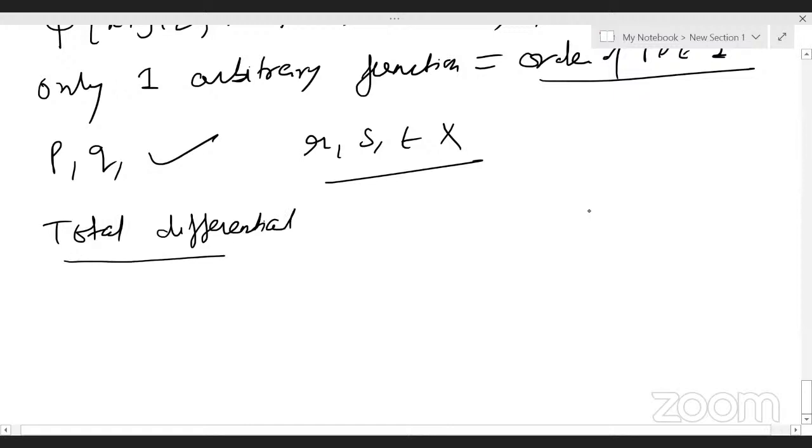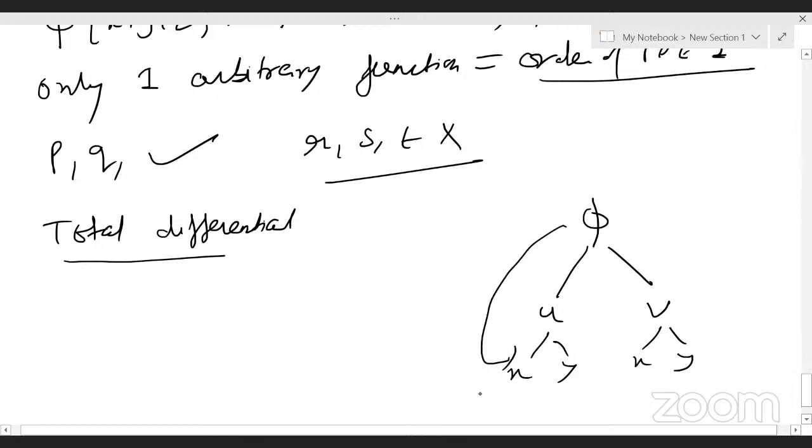So let's say there is a function phi, which is a function of u and v, and u and v are both functions of x and y. Then del phi by del x, you cannot find directly.